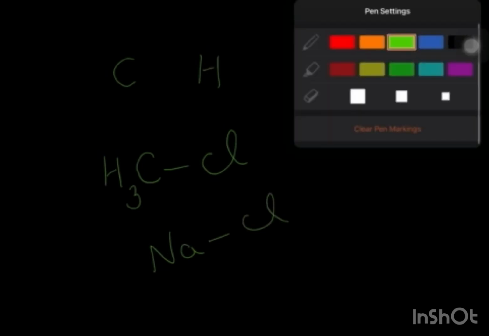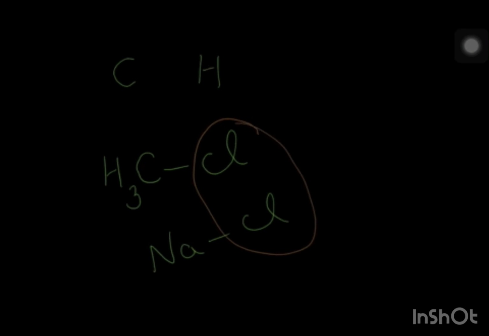Suppose I have an organic compound with chlorine in it, and I compare it with something like NaCl. Now both of them have chlorine, but what is the major difference?